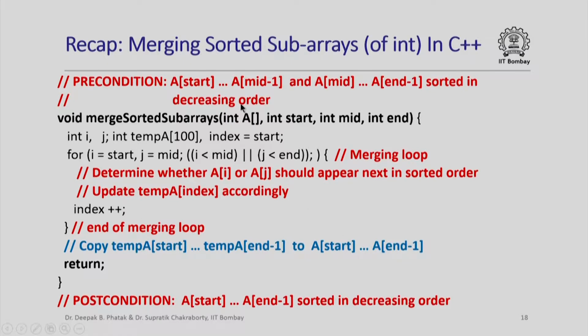So here is how our C++ program for merging sorted subarrays of integers looked. We basically had a merging loop in which we determined whether an element from the first sorted subarray or the element from the second sorted subarray should appear next in the overall sorted array, and then we simply copied that element to this temporary integer array temp A, and at the end of it we copied all the elements from temp A, which are already sorted by now, to the array A. The crucial part was this merging loop.